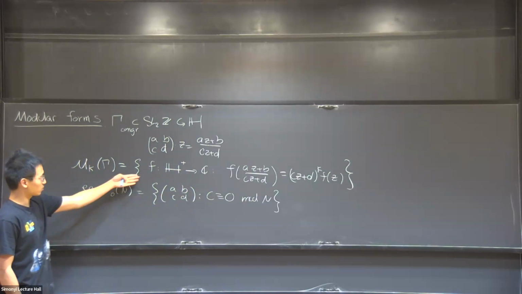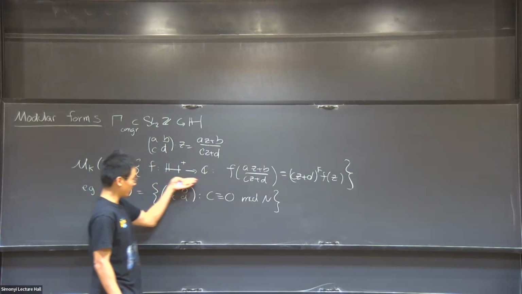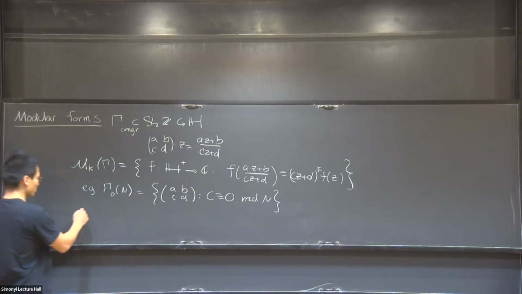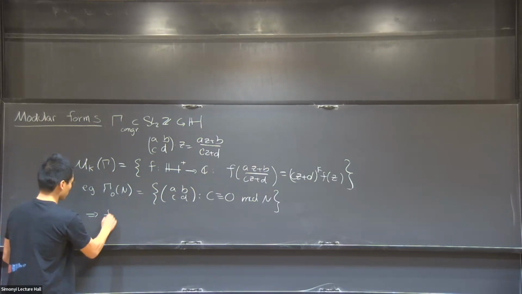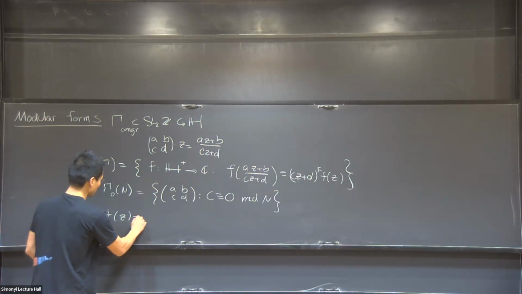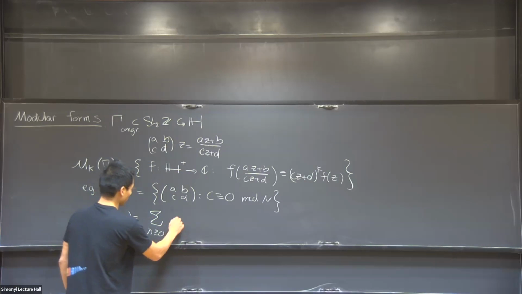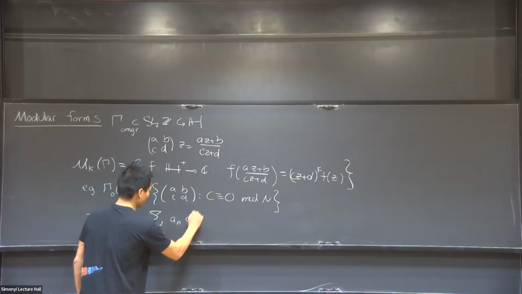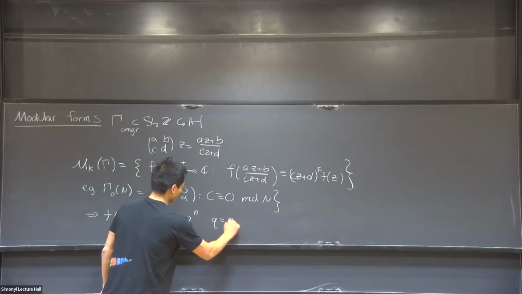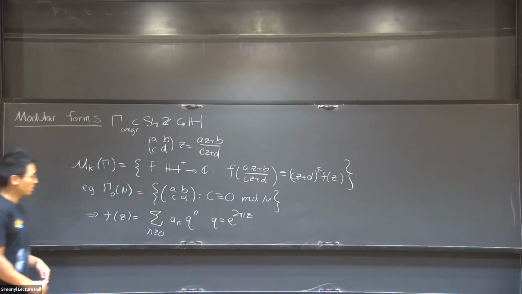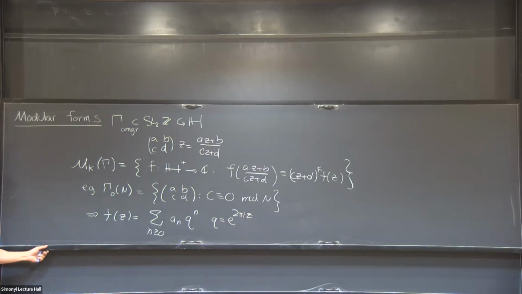So the space consists of functions that are translation invariant, so they have some Fourier expansion. In this case, you can write your f as a sum of, let's say, a_n times q^n, where q is e^(2 pi i z). This encompasses some of the standard notation that I'll be using.